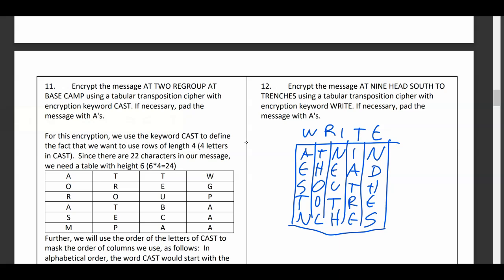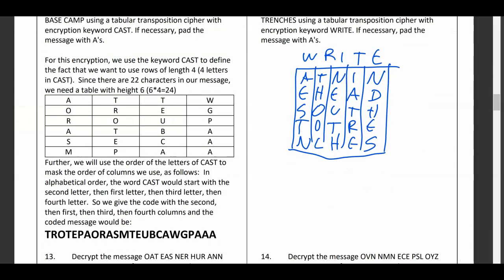The next thing you do with the keyword is notice the alphabetical order of the letters in the keyword. The first letter of "write" in alphabetical order is E. That's the last column. So then you give that column first. The next one is the I, then the R, then the T, finally the W. That also gives you the order to give the code.